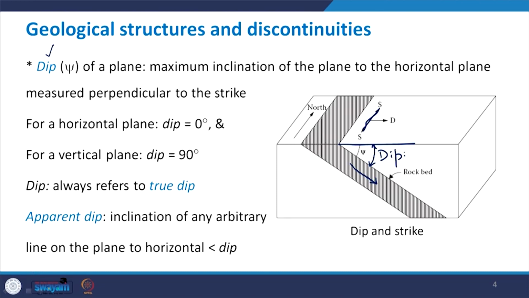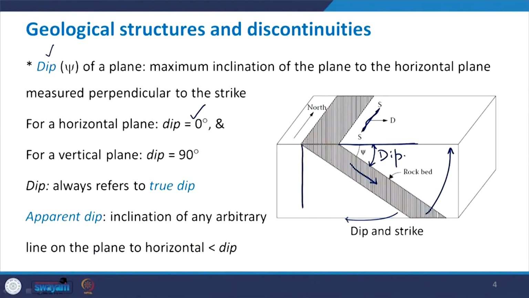Now just imagine if I rotate this rock bed and make it horizontal. What will happen? Its angle with the horizontal will become equal to 0, and therefore the dip of a horizontal plane will be equal to 0. Then you rotate it in the other direction so that it becomes vertical.